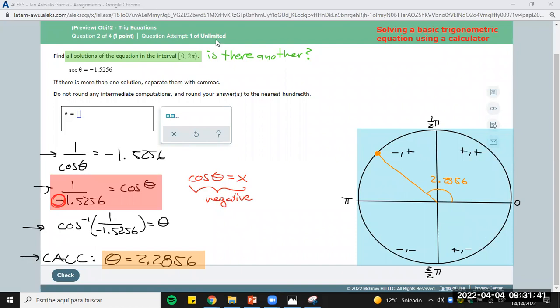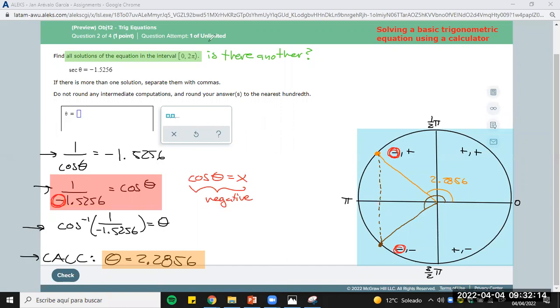As you can see, we have a negative number in the x part of the coordinate in quadrant 2 and quadrant 3. That means that there is another angle such that the cosine of that angle is also minus 1.5256. So this angle is also a solution.